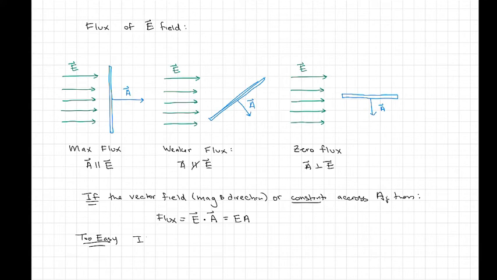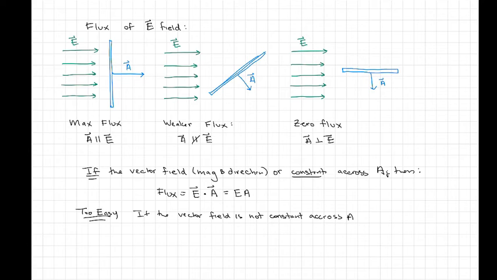So if the vector field, in this case an electric field, but we can make it even more general than that, is not constant, so either the direction or the magnitude is changing across your surface, then you want to break your surface into a bunch of little pieces.